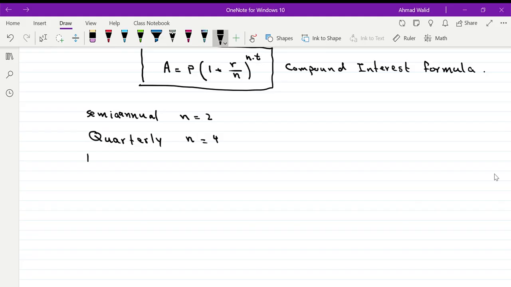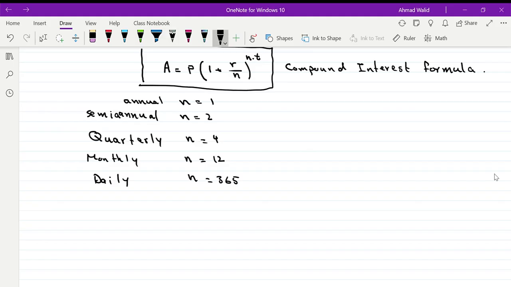Monthly means N is 12. And daily means N equals 365, correct? Annually, annual means 1. It means N equals 1.